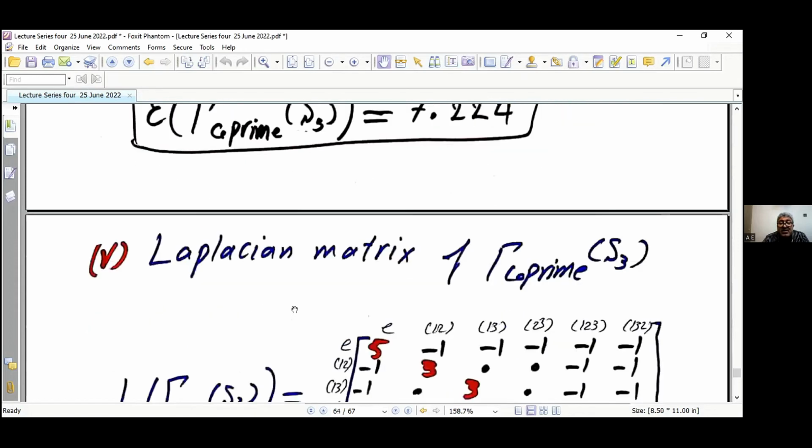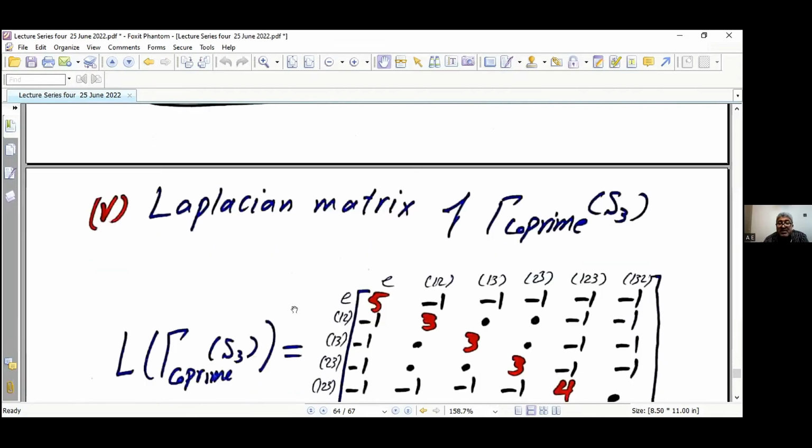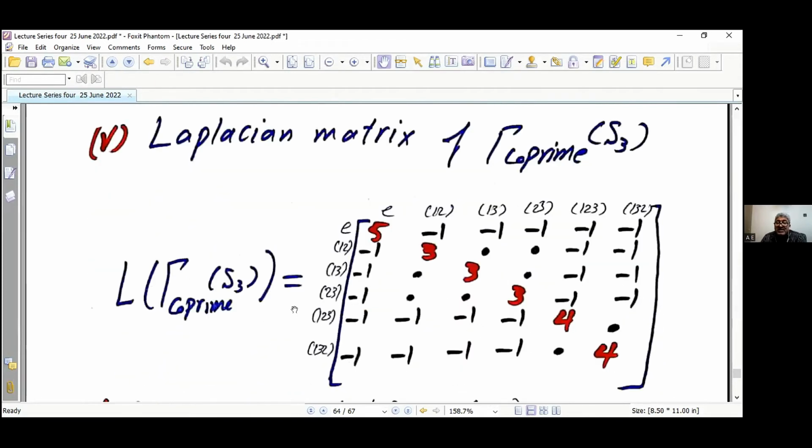Now, the Laplacian matrix for the coprime graph of S3. For the Laplacian matrix, as you can see, the diagonal holds the degree of the related vertex, right?